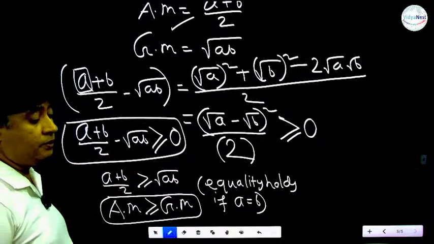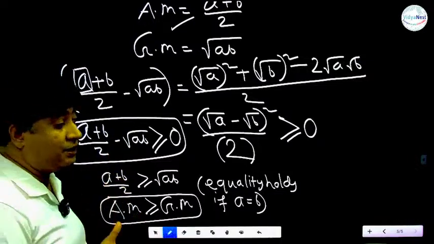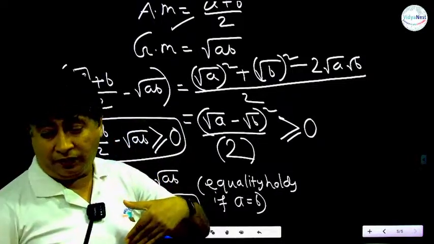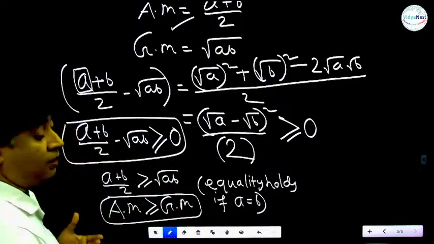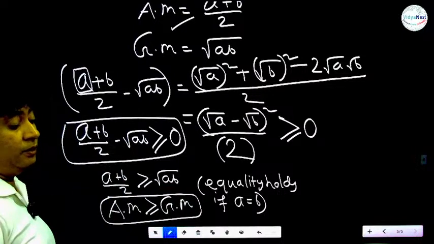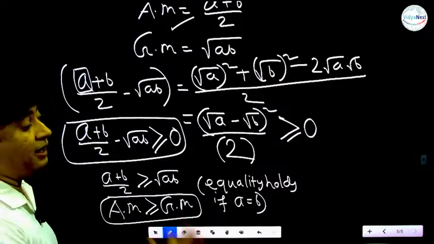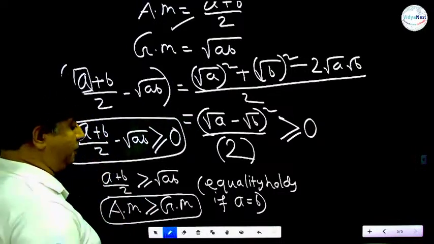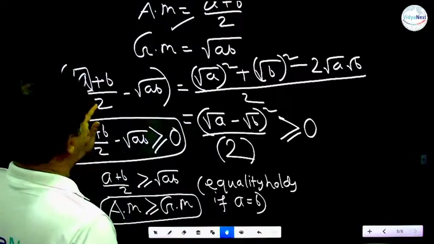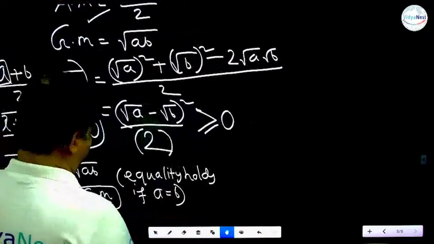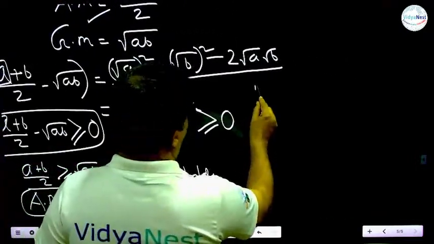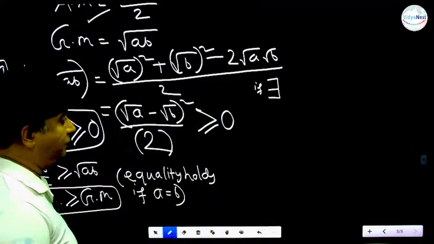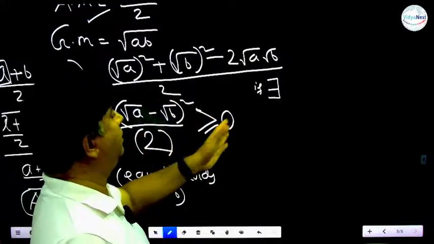Now, can we generalize this? Will it be applicable for n number of terms? Will it be applicable for weighted arithmetic mean and geometric mean? Yes. And what will be its expression? See, if there exist, this is a sign, there exist. Okay, don't be afraid of this.